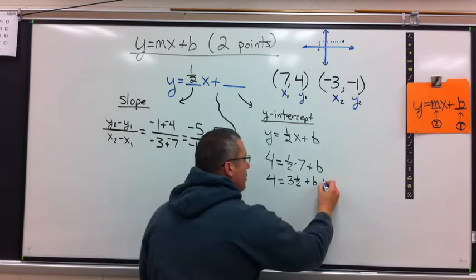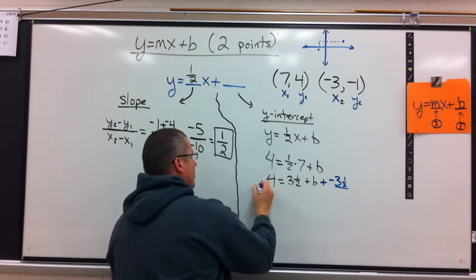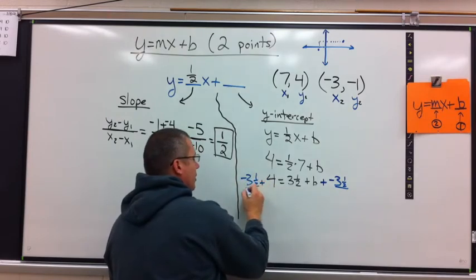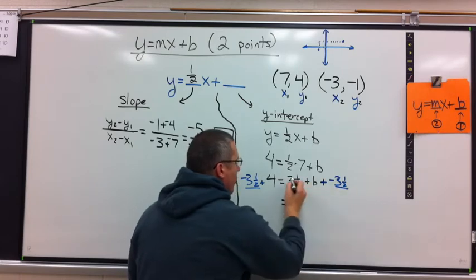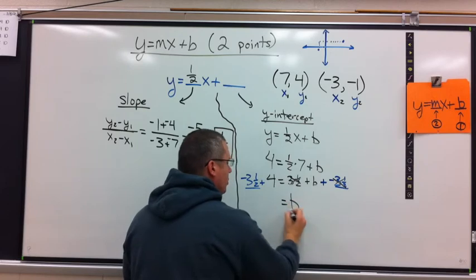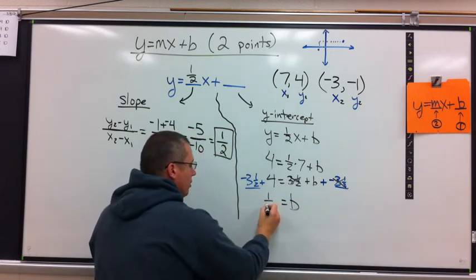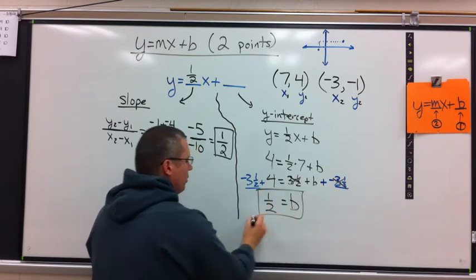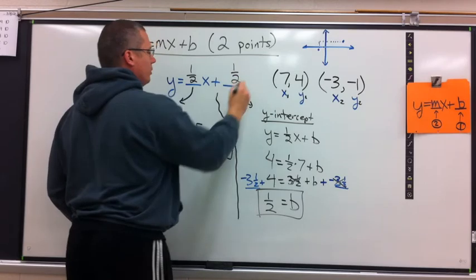I'm going to add the opposite: plus -3.5 to this side, plus -3.5 to this side. 3.5 plus -3.5 is 0. I'm left with b, which is what I want. -3.5 plus 4 is 1/2. So my y-intercept is 1/2.